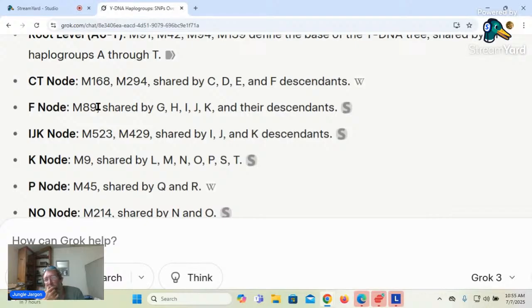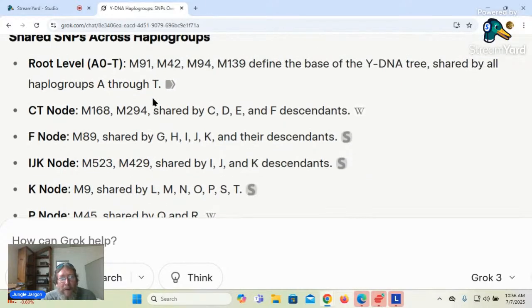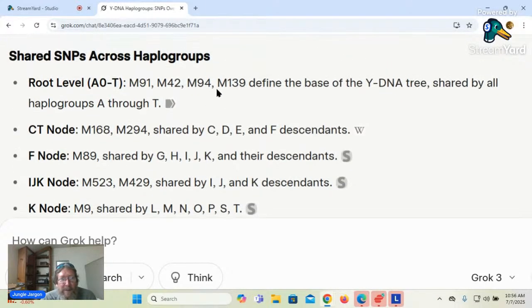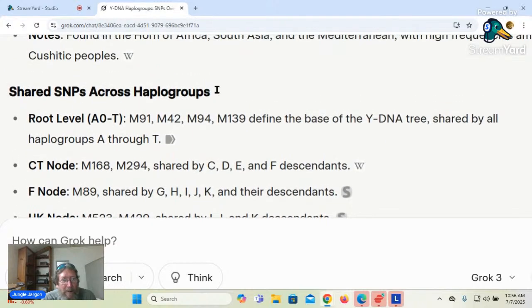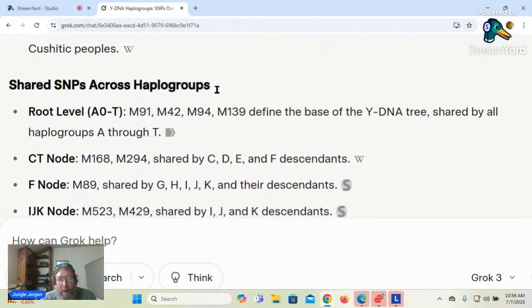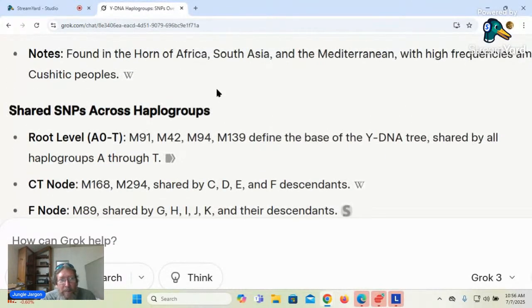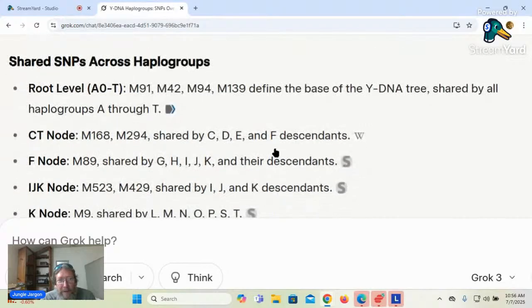So it's not like each one is losing a marker, which I was thinking they have them labeled FGHIJK, GK, HIJK, and IJK. I'm thinking they're all separate S&P markers, but it's not, because they all share this M89 marker. So it's not as bad as what they make it out to be for when you root the tree in IJ.